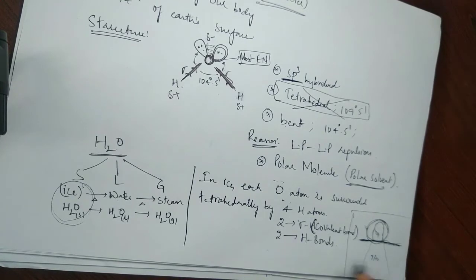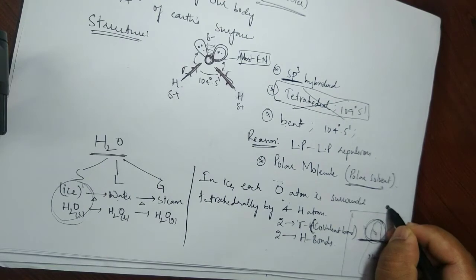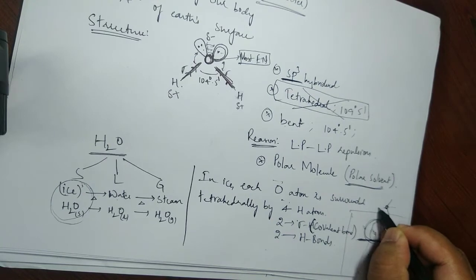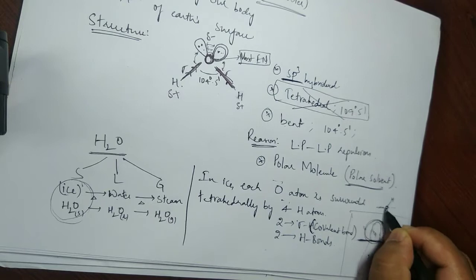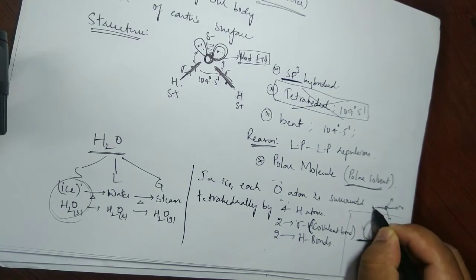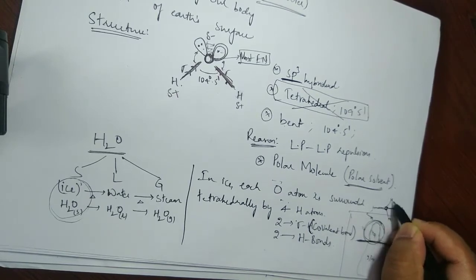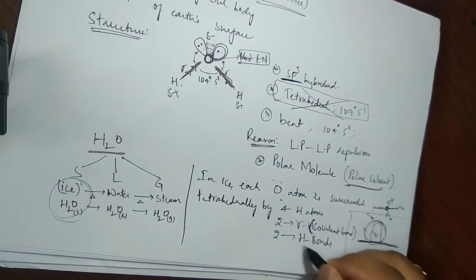So each oxygen atom is surrounded by 1, 2, 3, and 4. This is our H2O molecule, and behind it I have another H2O molecule attached with a H bond, and another water molecule attached with a H bond. In the 4, 2 are sigma bonds and 2 are H bonds.